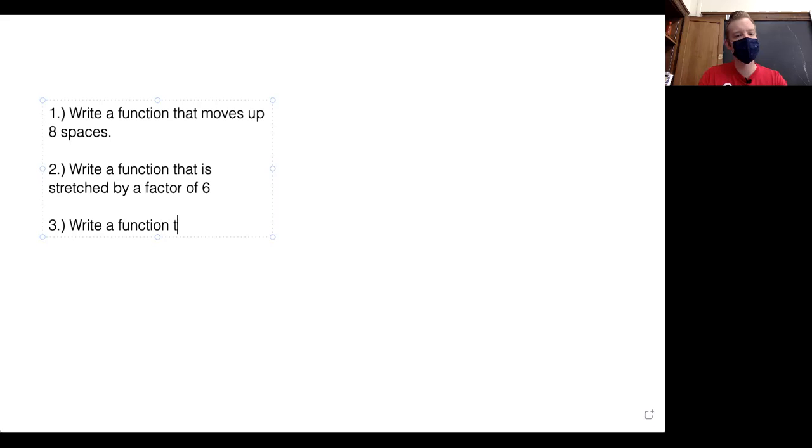Three, write a function that moves 1 space right and 4 spaces down.